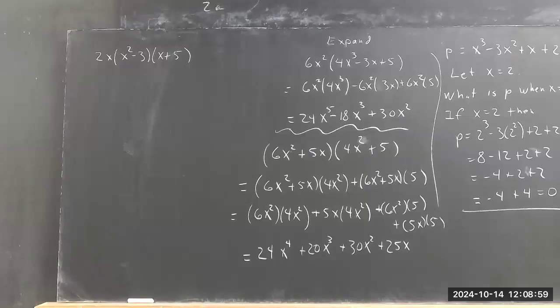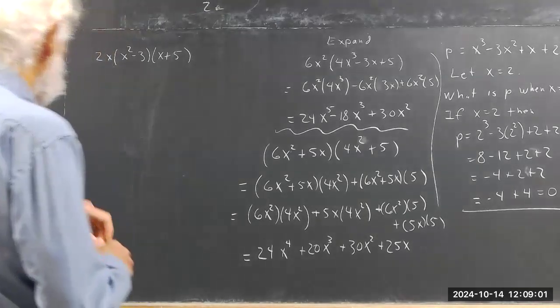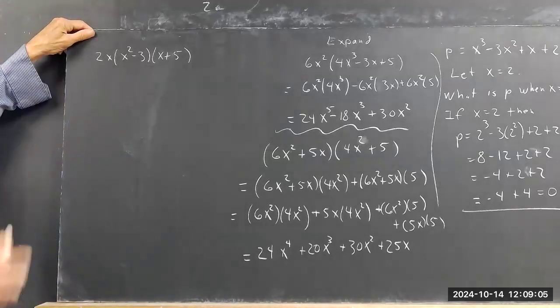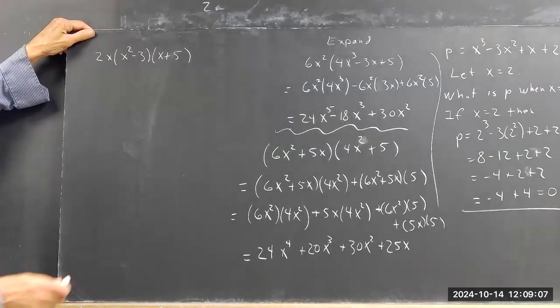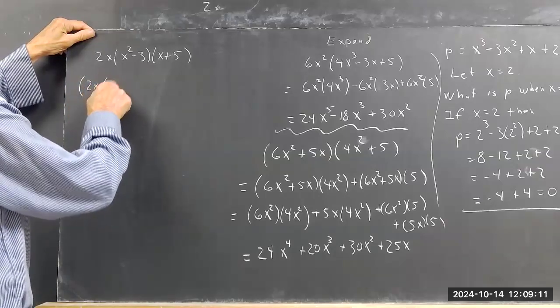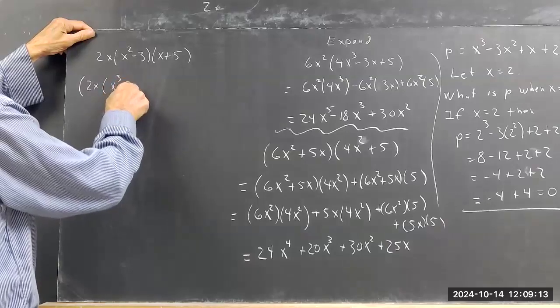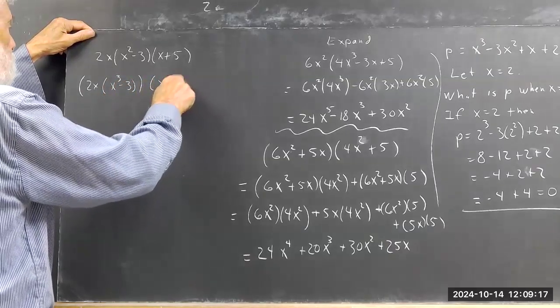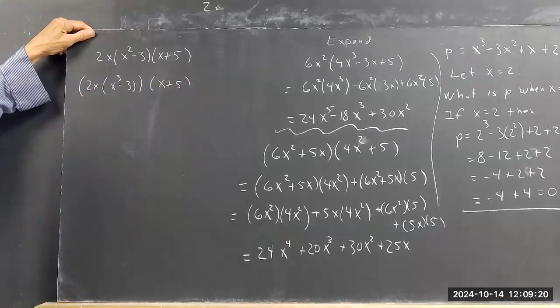Okay, now what most people have done, and it's a perfectly correct step, is essentially they've done this, and here's the way I would want to see this written out. First, I would want to say, okay, I want to multiply the 2x times the x cubed minus 3. And then I'm going to take care of the x plus 5 after I get this.